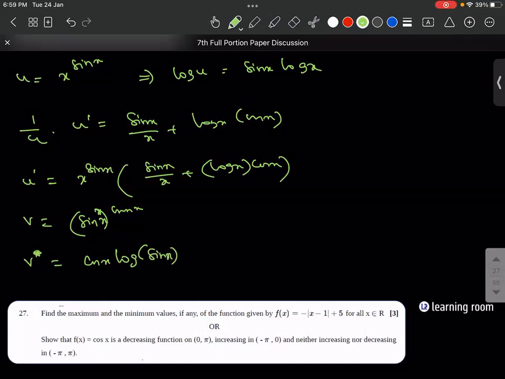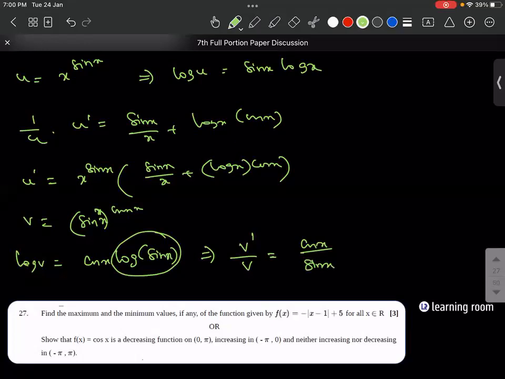V dash by v will be equal to cos x into the derivative of log of sin x, which is 1 by sin x into derivative of sin x, that is cos x, plus log of sin x into derivative of cos x, which is minus sin x.